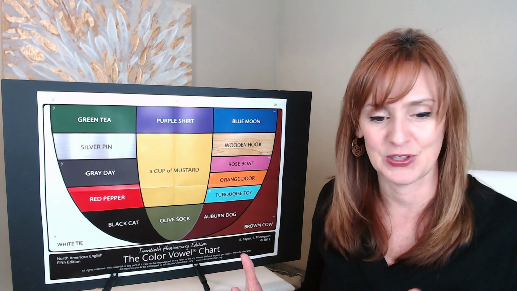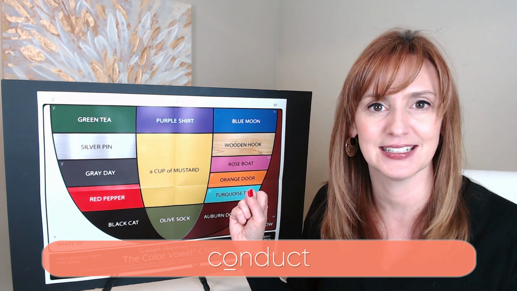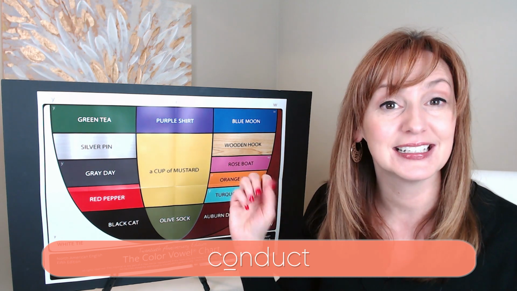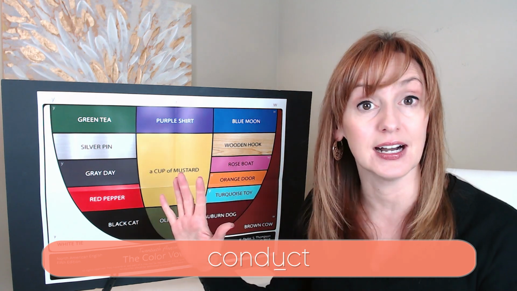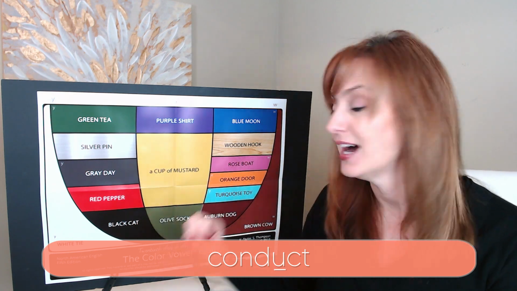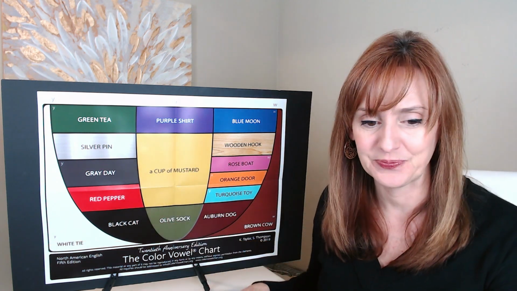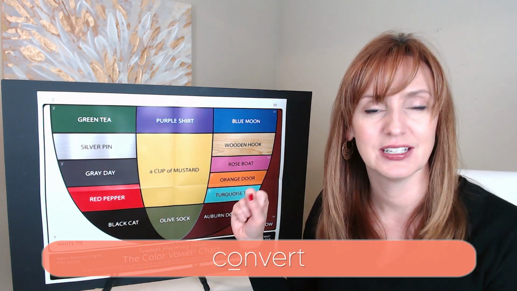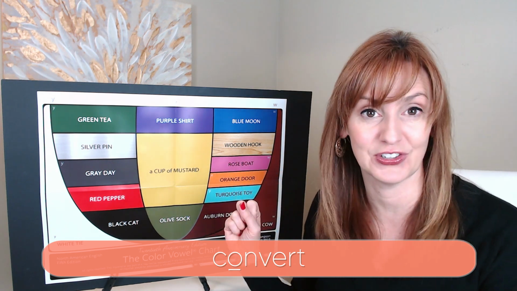All right, try this one with me. Conduct, olive sock conduct. Good. If we shift the stress, conduct, a cup of mustard conduct. Here's another one. Convert, olive sock convert.